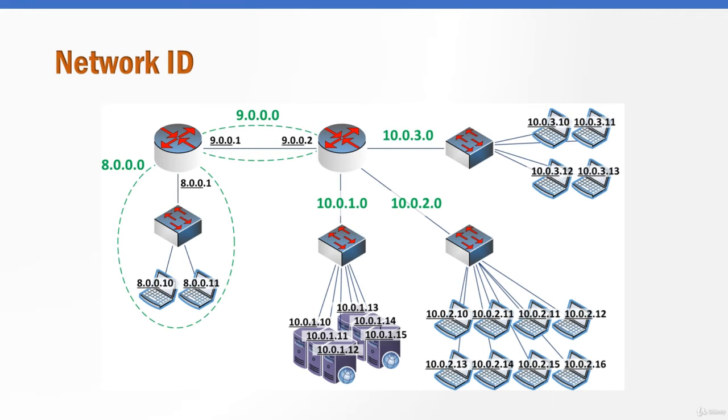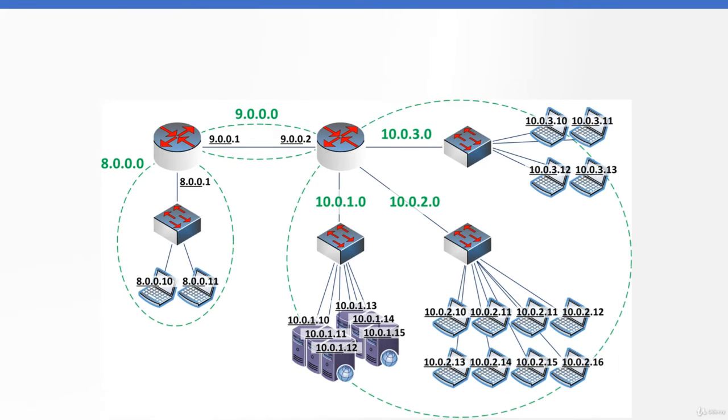The next thing we're going to talk about is what these network IDs or network IP addresses are actually used for. And the example I'm going to give you is related to routing. So we're going to look at how we build routing tables and what they actually look like. So we're going to circle this 10.0.something network, and we're going to name our routers R1 and R2.